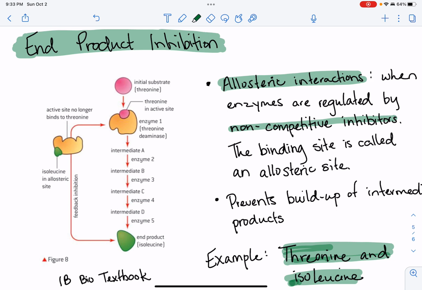Once you have enough isoleucine, then the isoleucine will bind as a non-competitive inhibitor to what we call an allosteric site that is on the enzyme. Okay, and so that will change the shape of the active site on the enzyme, so threonine will no longer bind to the enzyme, which effectively stops the reaction from occurring.